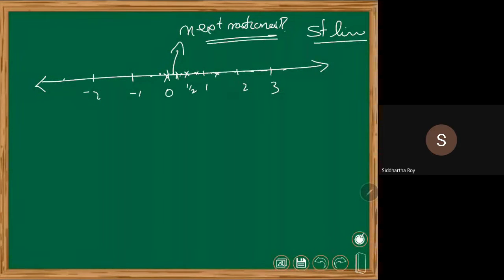Is this question answerable? Next means ordering comes. You are working on Q: plus is there, dot is there, less than is there. So after 0, you can't say which is the next rational number. Am I right or not?